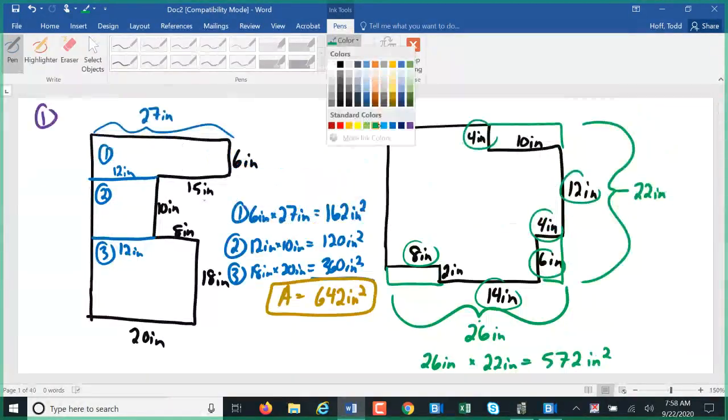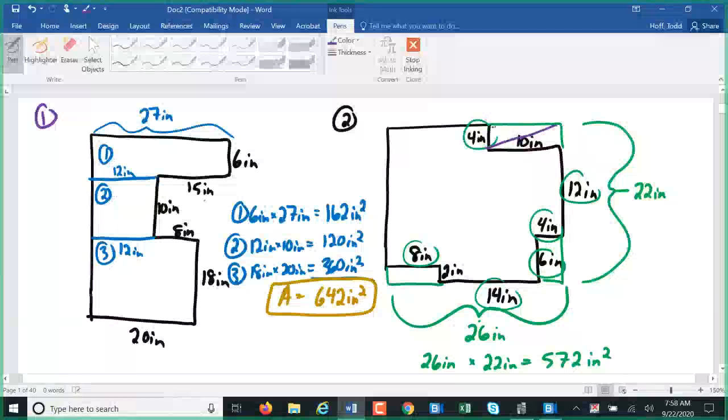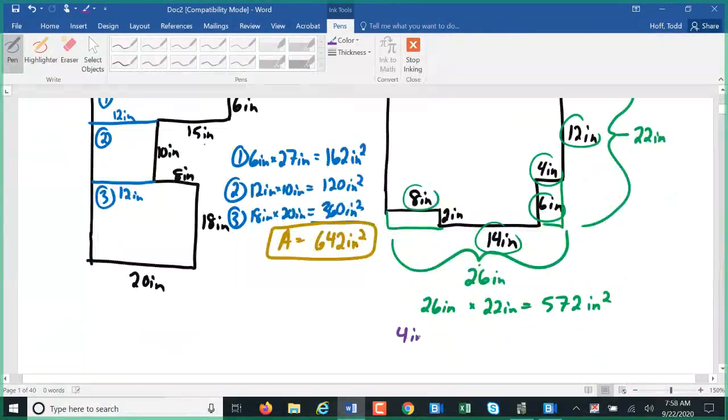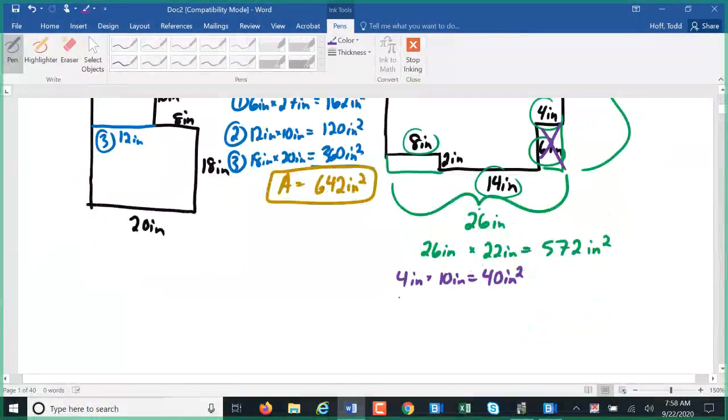Now we have to subtract out this little piece, which is 4 by 10. It's 40 square inches. This little piece, which is 4 by 6, 24 square inches, and this piece here, which is 8 by 2, or 16 square inches.